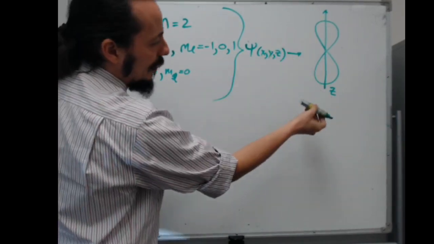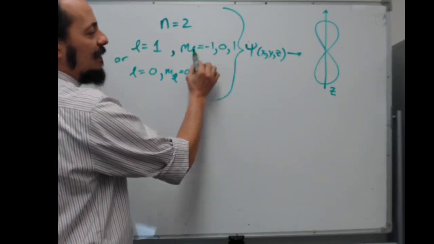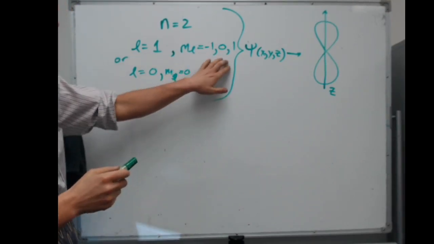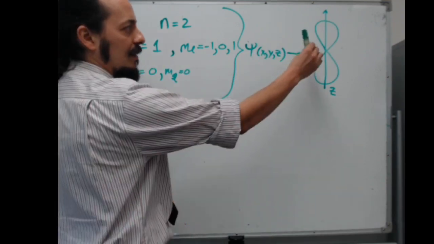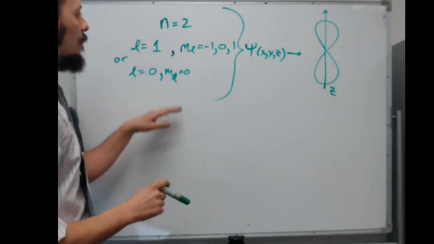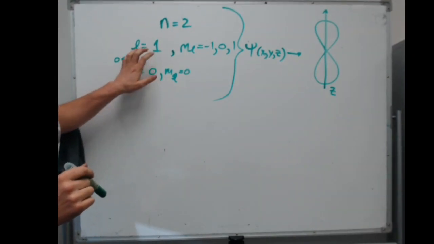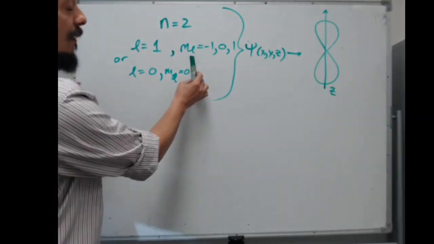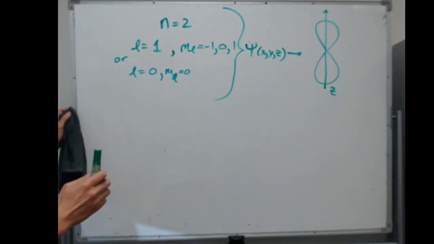And then depending on whether it's the x-axis or y-axis, we'd have some different orientation. That would be specifying the m sub l value, gives us that orientation. Is it pointing up? Is it pointing sideways? Is it pointing into the board? But all of the L equals 1 values are going to have this type of shape, and then just the orientation changes.